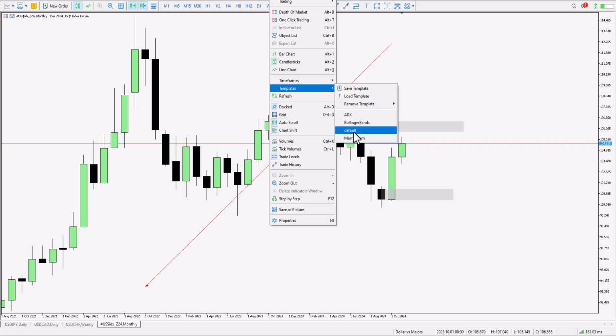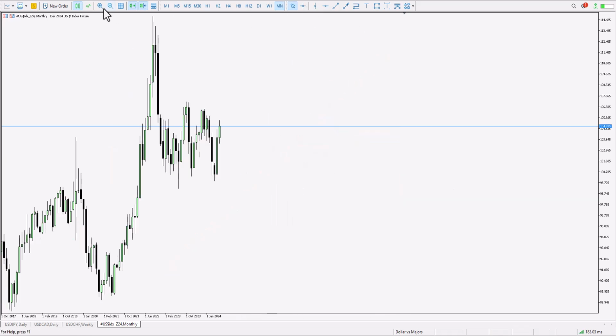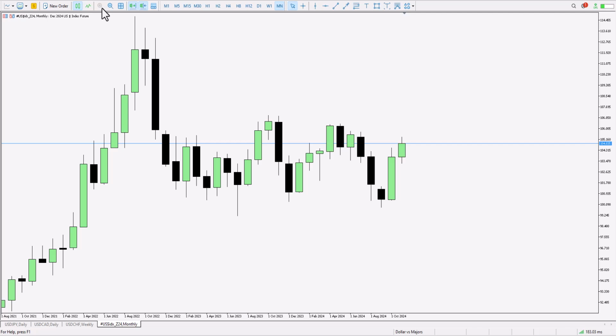Let me see if I can get you another illustration. So this is dollar index. We are on a monthly chart, right? On the monthly chart, we've got this supply zone right there, and then we also have this recent demand zone. So we've got those two levels.